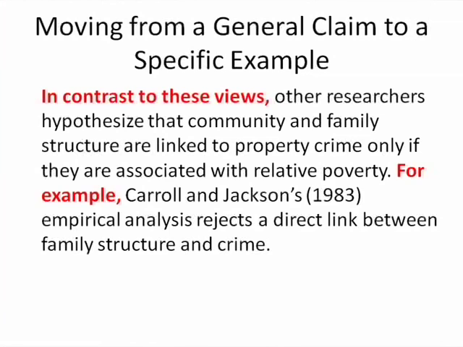The author of this lit review says this. In contrast, I'm switching directions here, in contrast to these views, other researchers hypothesize that community and family structure are linked to property crime only if they're associated with relative poverty. General statement, correct?